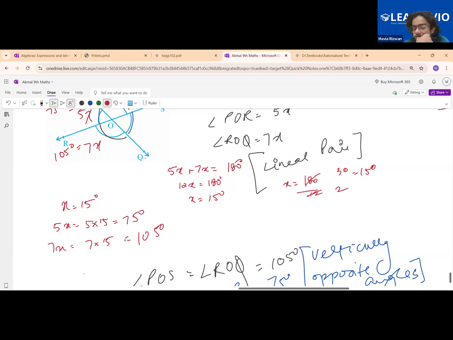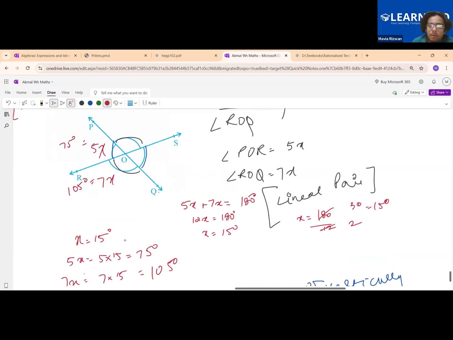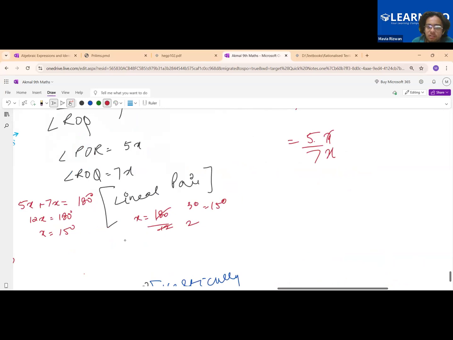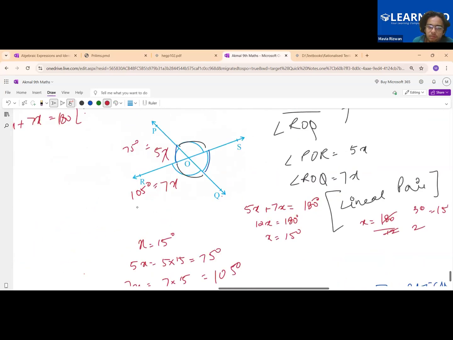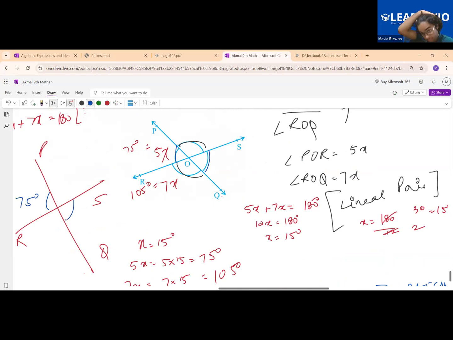Yes, sir. Okay. Now, if I look at this again, RS, PQ. This angle we know is 75. So how much would this angle be? 75.